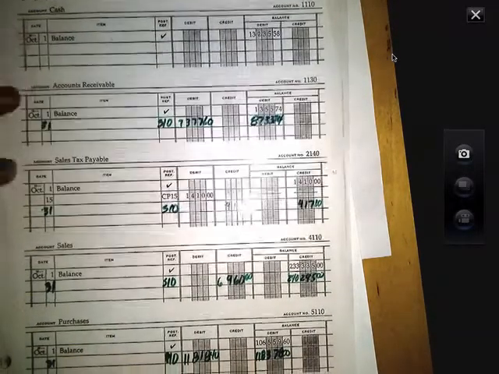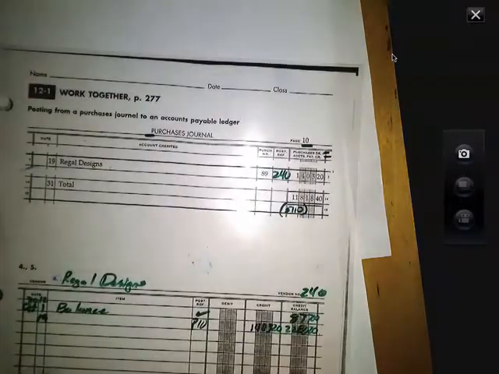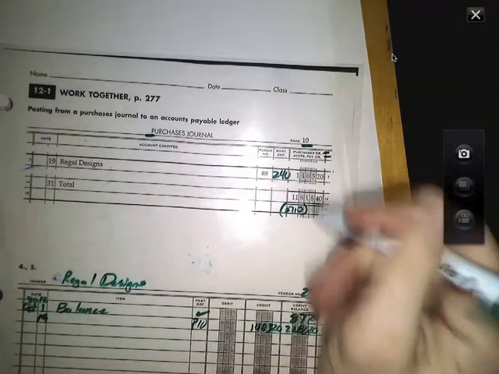Where is it? Farrell Electronics, Fredo Lopez. There it is. It's on 12.5. So accounts payable credit.